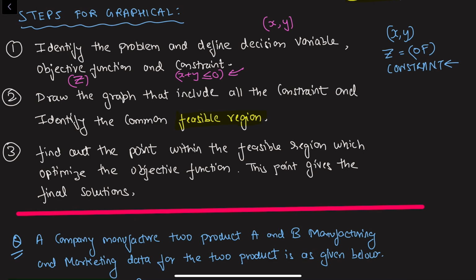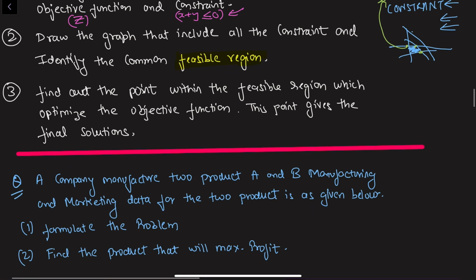Let's suppose there are three constraints and you plotted a graph, something like this, and something like this. Then you need to find the common feasible region, then find the corner points, and put those points into the z value or objective function to find the optimum value. We will see this by going through some numerical problems. So these are the steps.